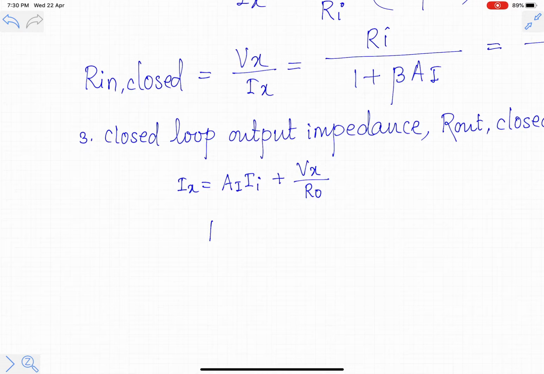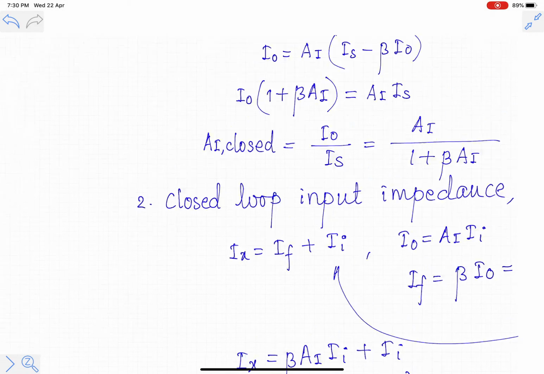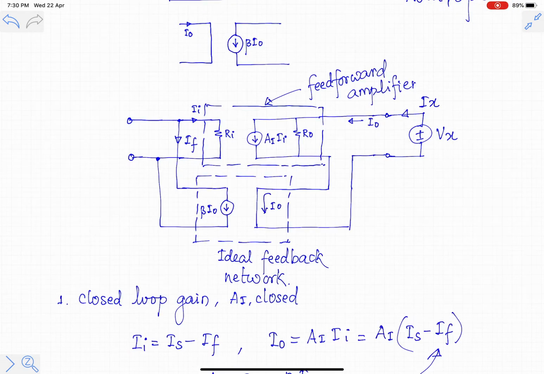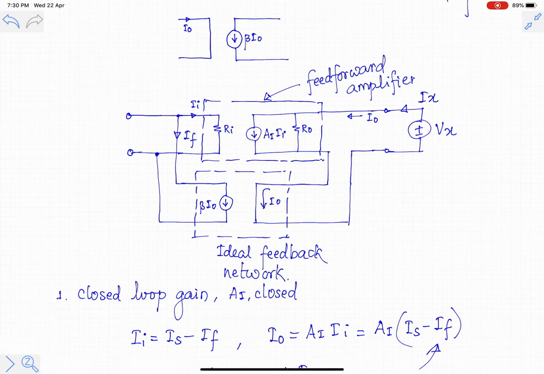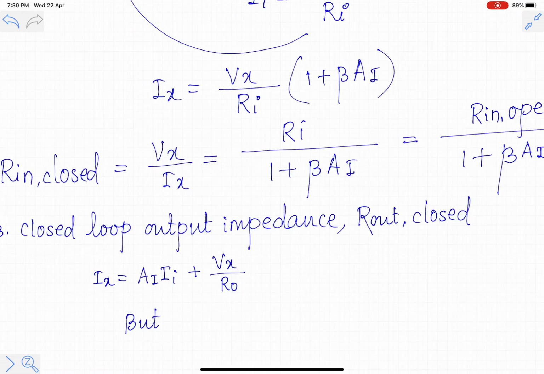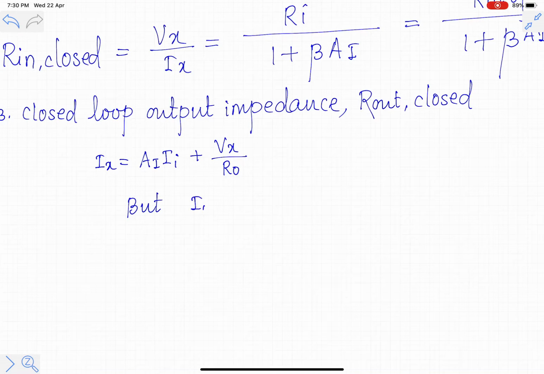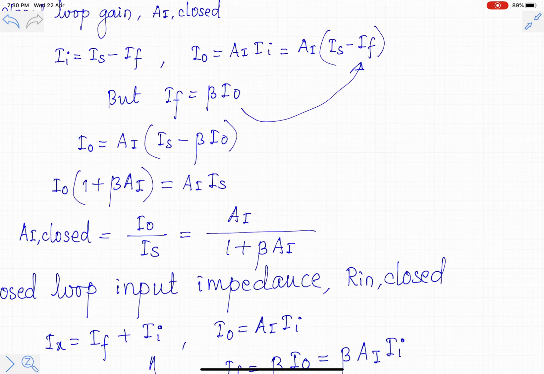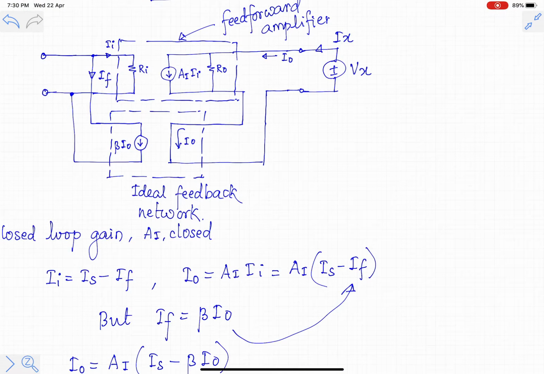But because Is has been open circuited, current If is equal to minus II, or II is equal to minus If. From the figure, If is equal to beta into IO, and IO is equal to Ix.